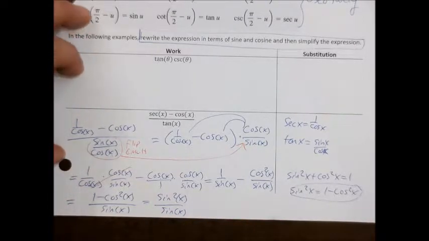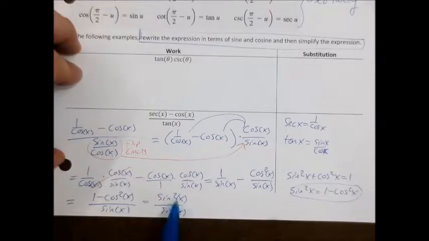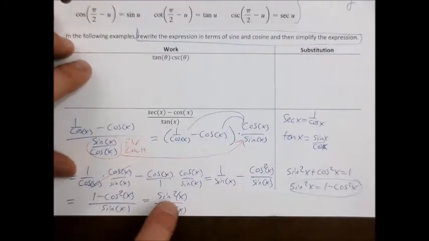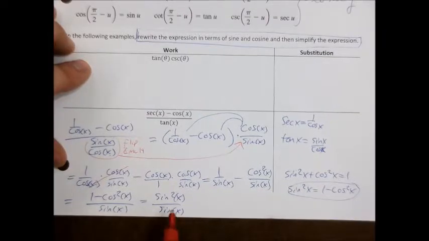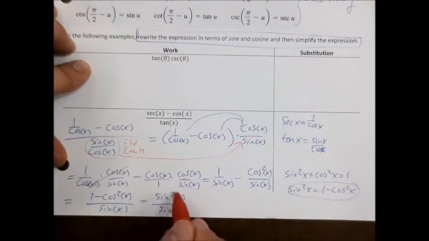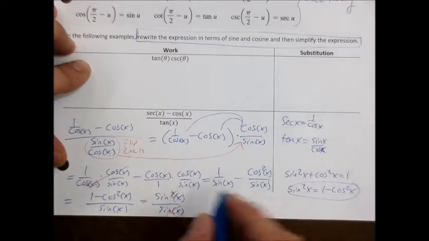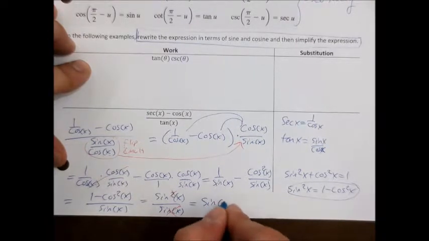And that's nice because it's like an x squared over x type thing, right? This is an exponent thing. And so we subtract the exponents, and so we get sine to the 2 minus 1, which is sine. In other words, the other way to think about that is the sine on the bottom cancels with one of the sines on the top. So we just get sine.